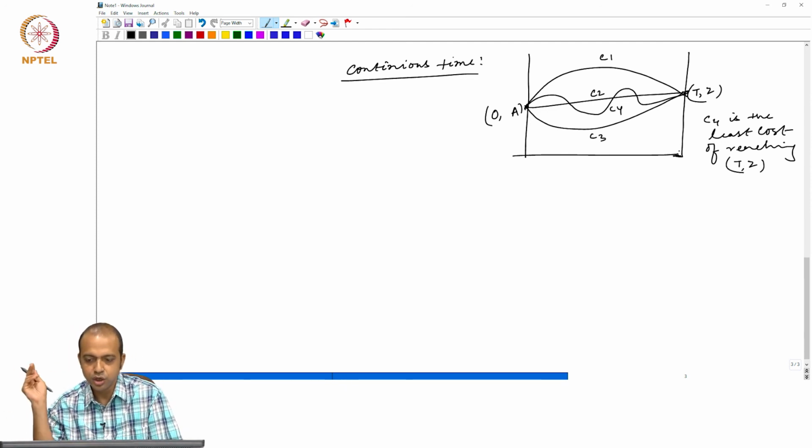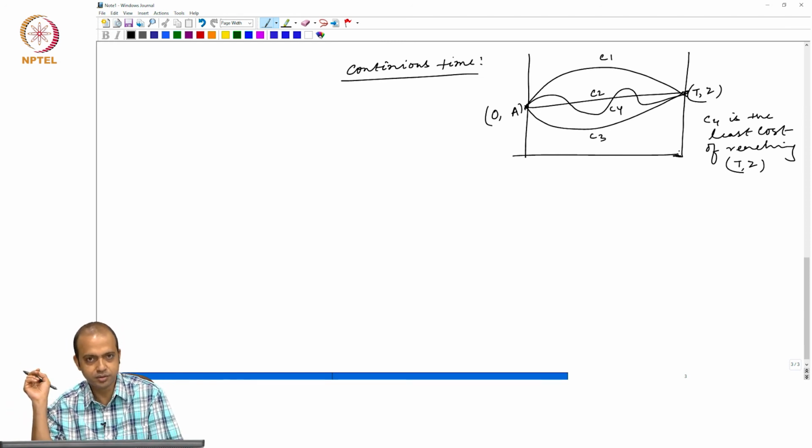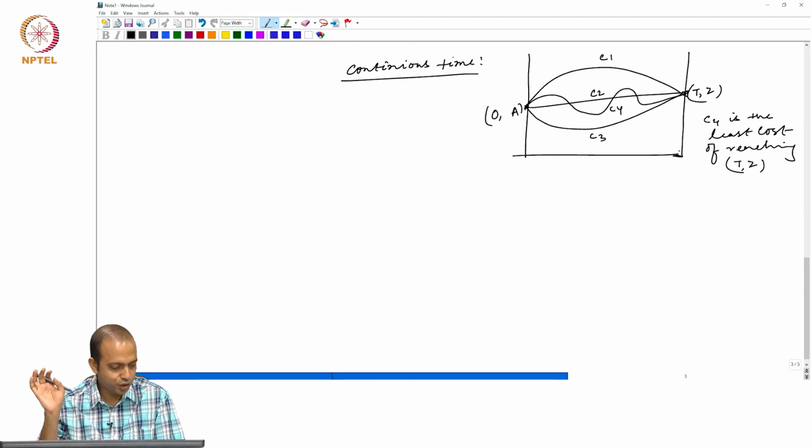Obviously a straight line which connects A and Z has a distance that should be minimum compared to the other paths, right. So, this is the case in continuous time.